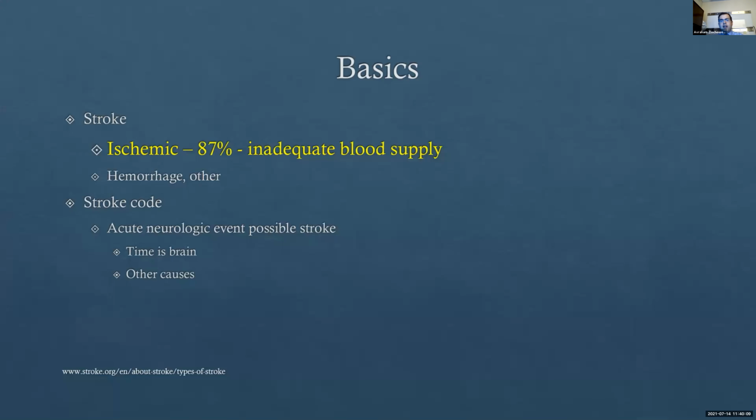Then there's something called a stroke code. A patient has an acute neurological event, and they're worried, does this patient have a stroke? The main thing here is a mantra that everyone lives on in neurology, neuroradiology, neurointerventional: time is brain.